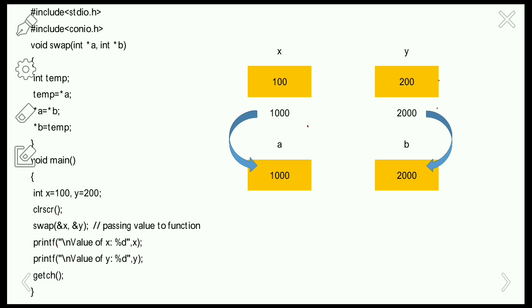After this, we are taking a temporary variable and assigning to it the dereference of a, that means value at a. So star denotes the value at a. We have the value at a, pointing to memory location 1000, which is 100. So value at 1000 is 100.